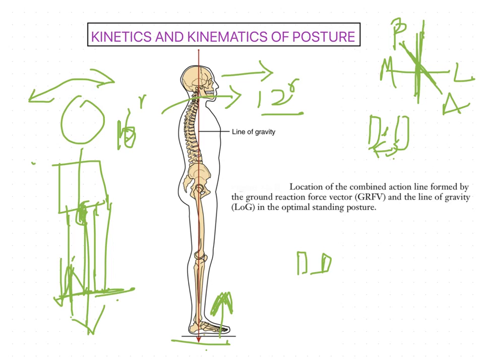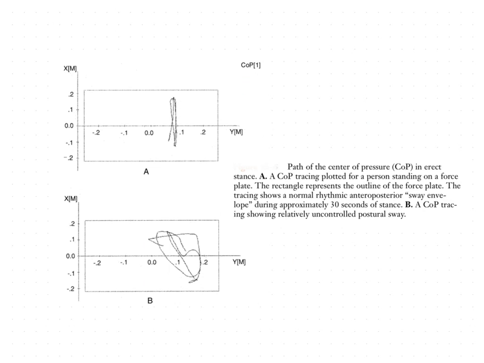The path of the COP defines the extent of the sway envelope, which can be determined by plotting the COP at regular intervals when a person is standing on a force plate system. So here are some of the graphs.